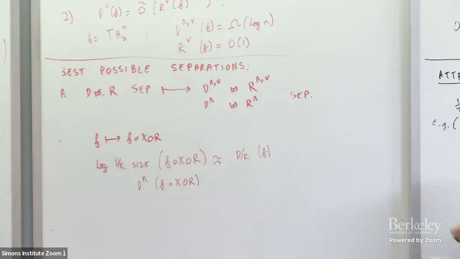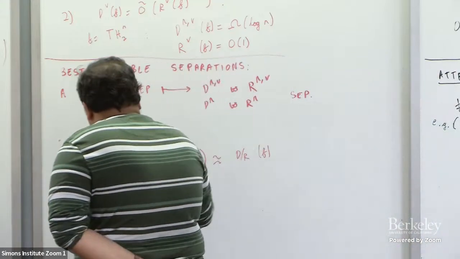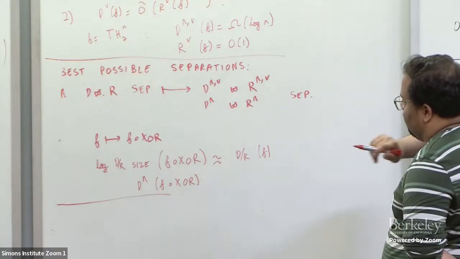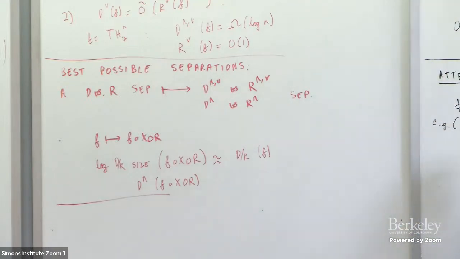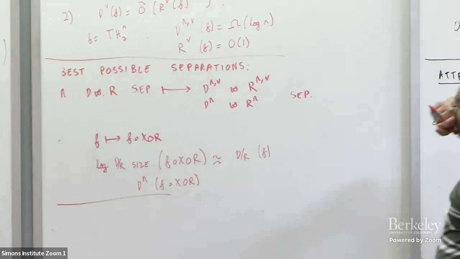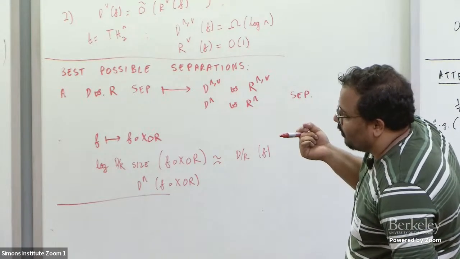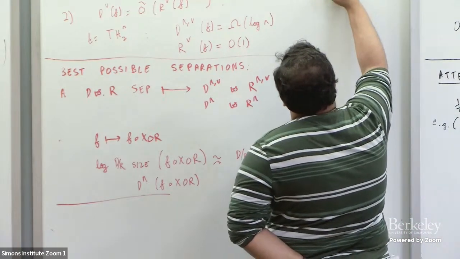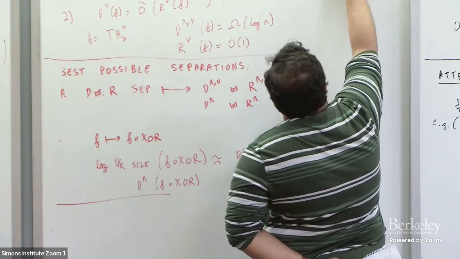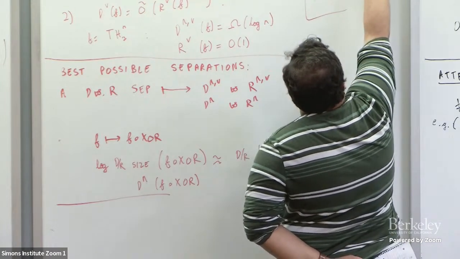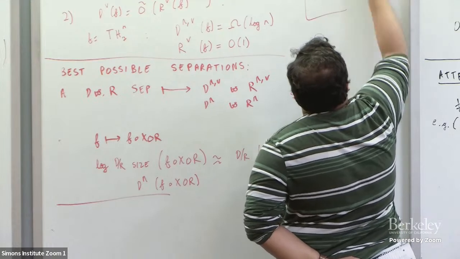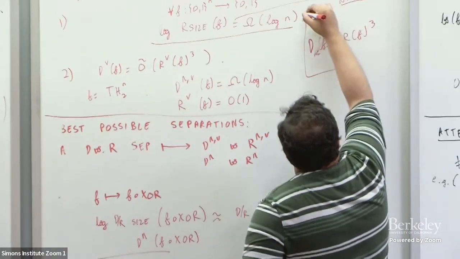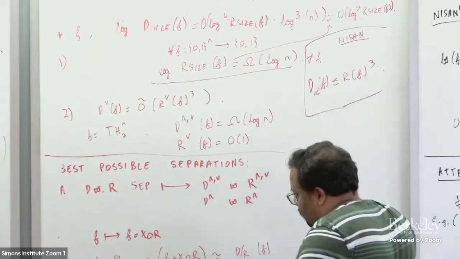Another thing I want to mention is that up to log factors, our result number 2, just from these observations here, will recover Nisan's D at most R cube, which I seem to have erased. I had everything important on this whiteboard, it seems. So how do we show that?